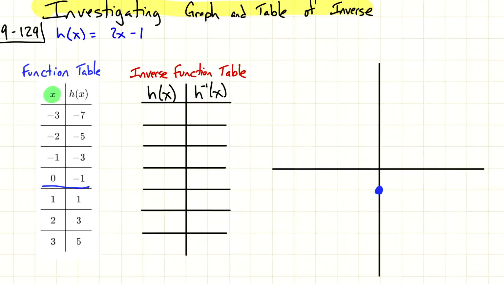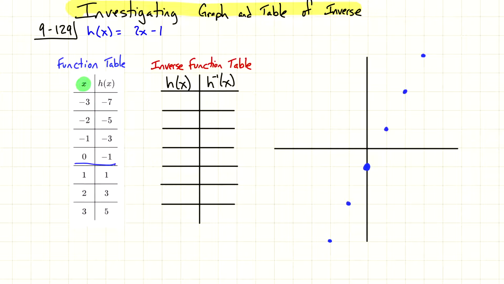So up 2 over 1, up 2 over 1, and then down 2 over 1. Very easily, here are a lot of the points in the table that fit.